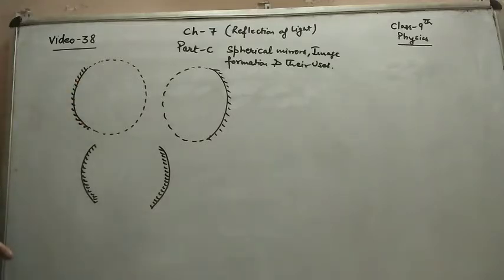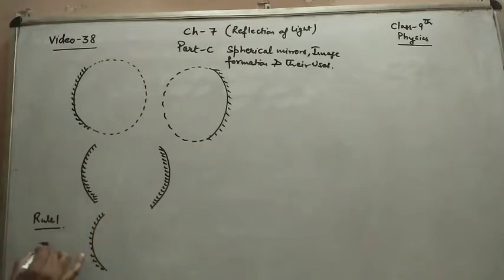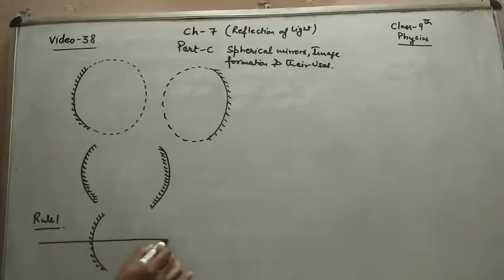Now there are certain rules on which image formation is based. Now rule number 1, for concave. Here is the line which is passing through pole and focus.